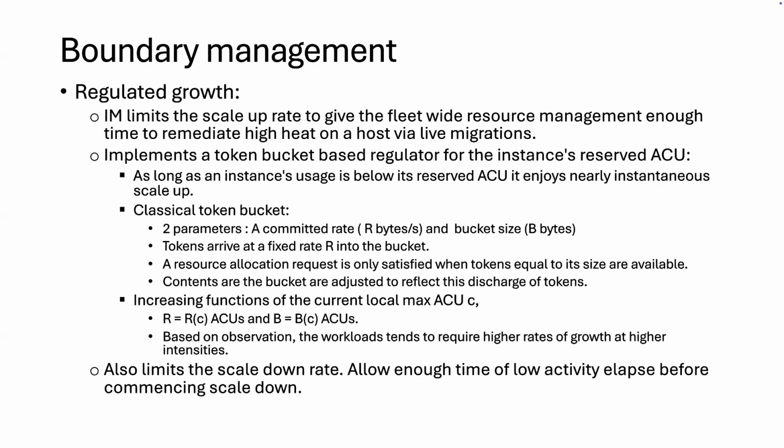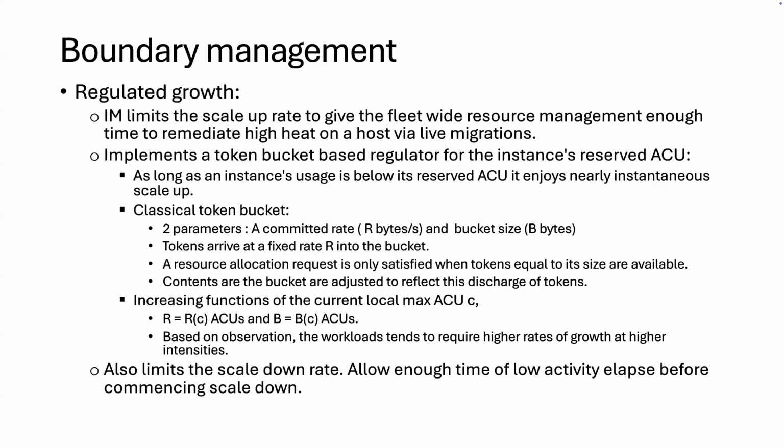So we want to give that process sufficient time. And this regulated growth is done via a token bucket based regulator. As long as instance usage is below its reserved ACU, it enjoys nearly instantaneous scale up. So my resources can scale up to the reserved ACU.